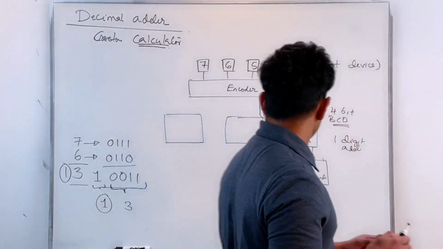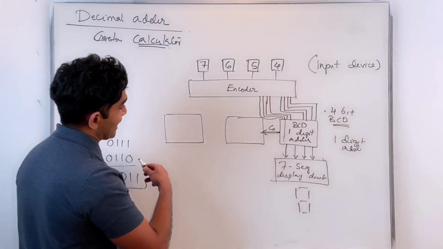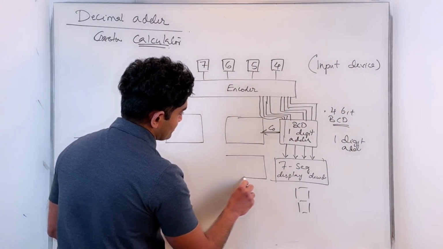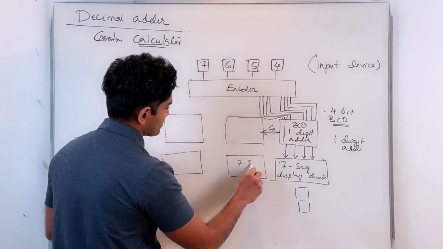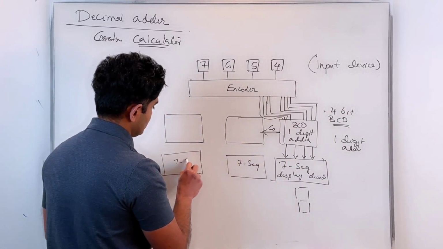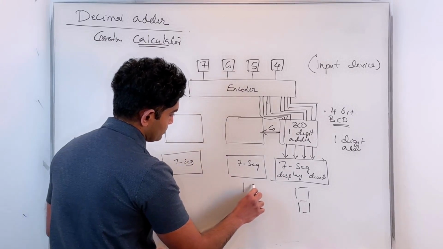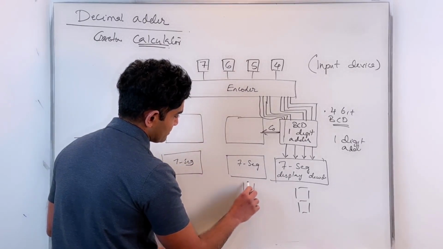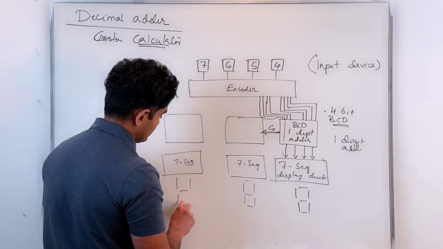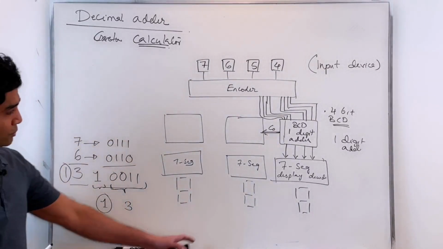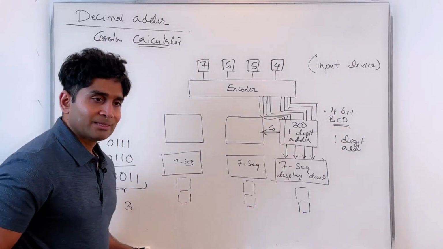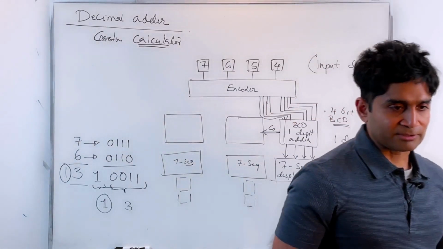For a 3-digit adder, you'll have 3 of these 7-segment display decoders to convert your individual binary coded decimal digit sums into the corresponding decimal displays.